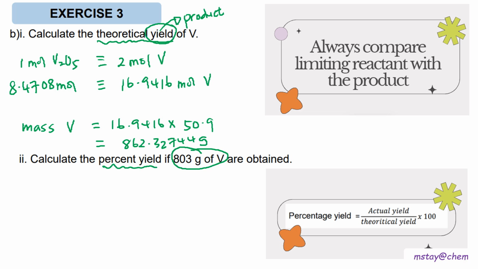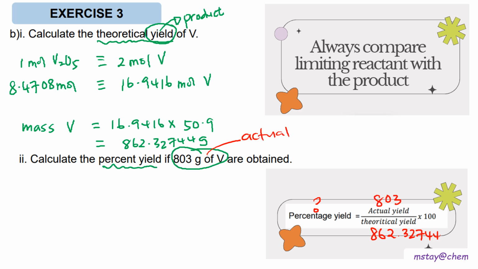We are asked to calculate the percentage yield. The theoretical yield is calculated in question B1, which is 862.32744 gram, while the actual yield is given in the question, which is 803.